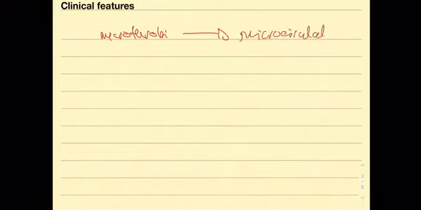Looking at the clinical features of TTP, if we recall, there are pathological microthrombi formed in the microcirculation. Now, if you think of two organs where microcirculation is essential, the two organs that come to mind are the brain and kidney.